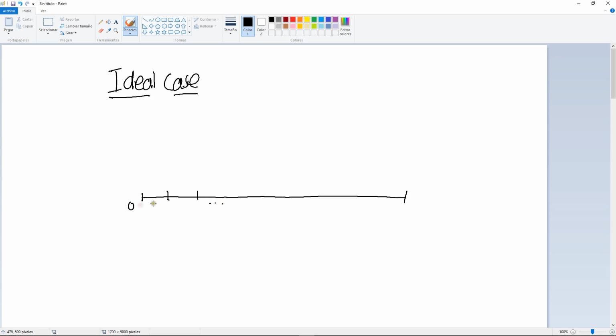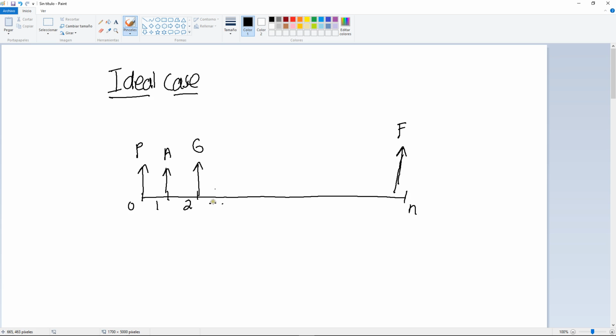In year 0, we have P. In year 1, this is where your A starts. Year 2, this is where your gradient starts. And in year n, or your last year, you're going to have your F. So this is the ideal case.